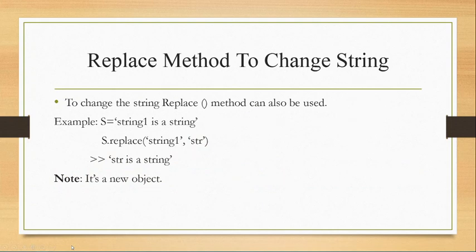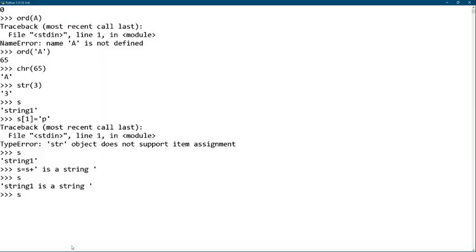You can also use the replace method, which is type specific to string. Let us see, I have a string which says string 1 is a string. But in place of string 1, I want str. So what I will do, I will call the replace method. The old one, that is string 1, should be replaced.